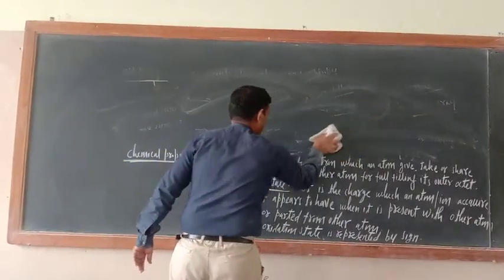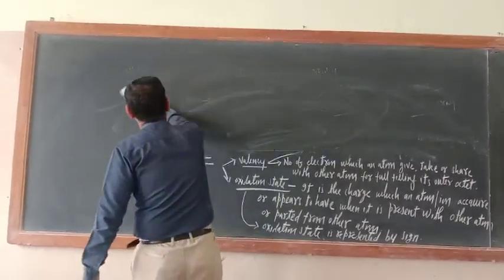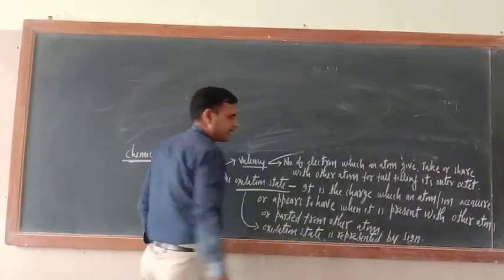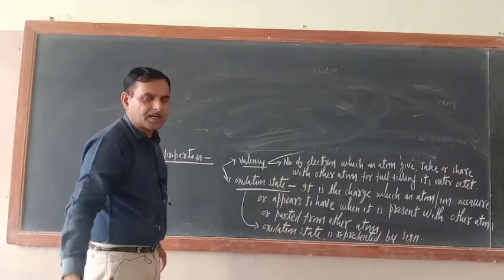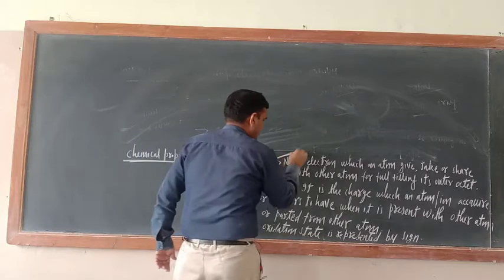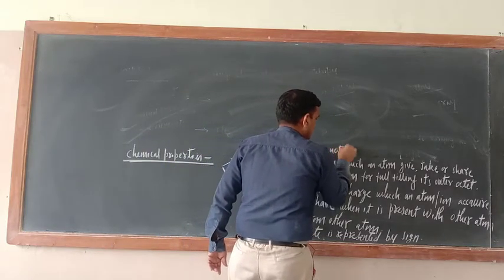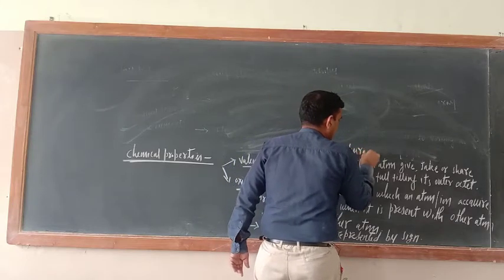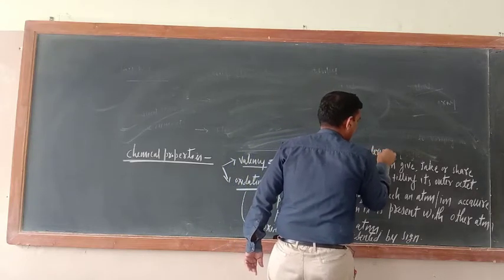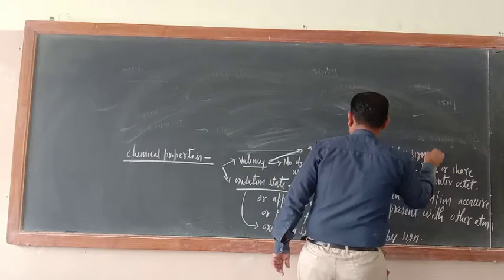Oxidation state and valency, these are two terms which are often used interchangeably. So the question arises here, are they similar or are they different? Just see here, write one thing: valency is not characterized by sign, okay.